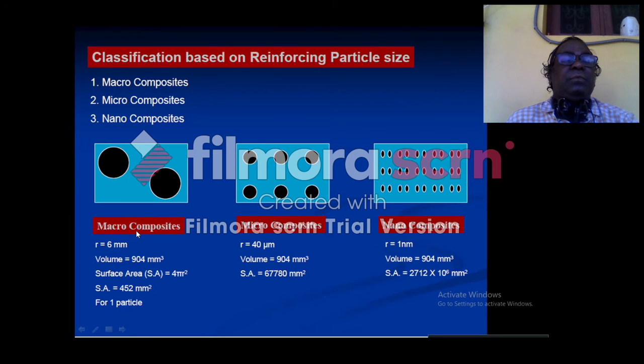If it is 6 mm, it is macro. If it is 40 microns, it is micro, and below 1 nanometer, it is called a nanocomposite.